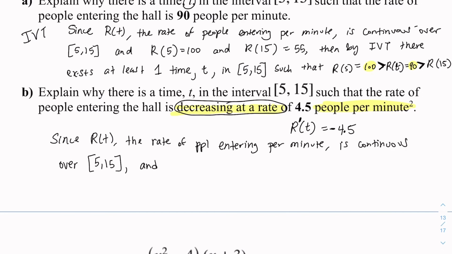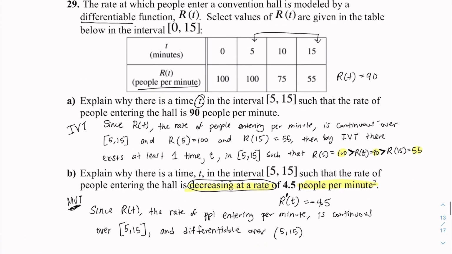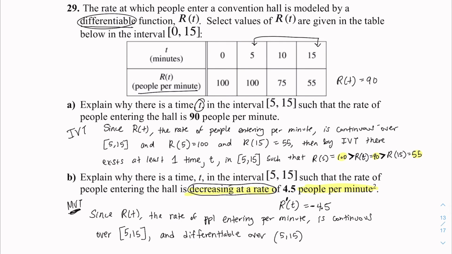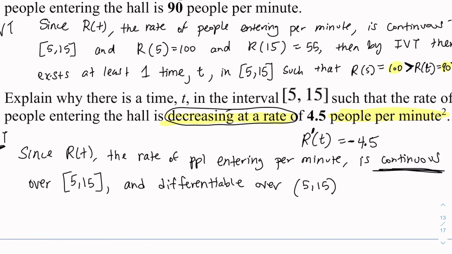And now the second condition should be related to slopes, since we're doing the MVT, and that's where we talk about differentiability. I know that it's differentiable because they told me so. Oh, by the way, I know it's continuous because it can't be differentiable if it's not continuous.